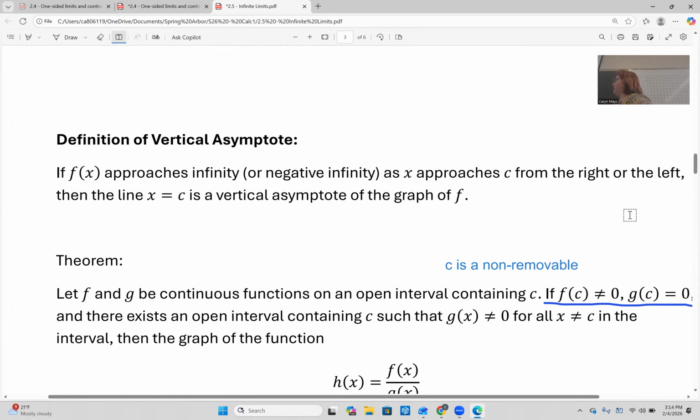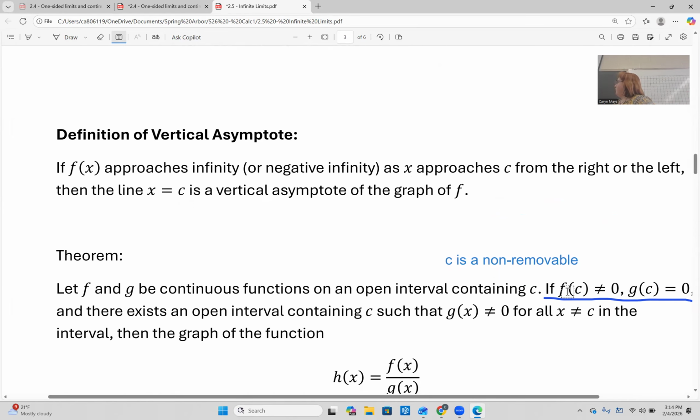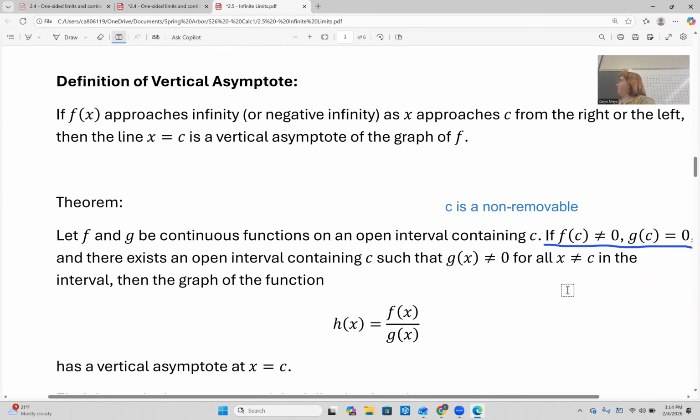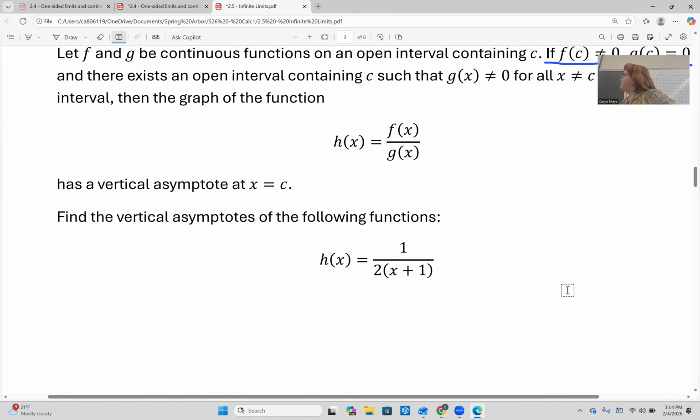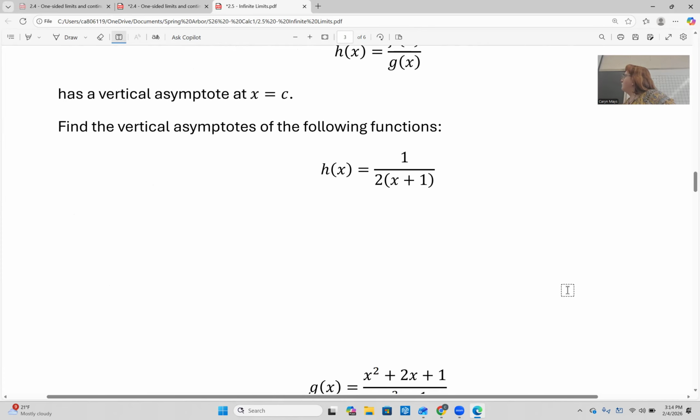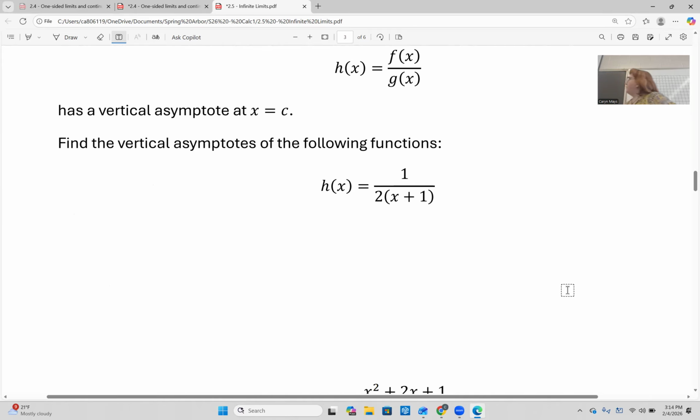And in that case, we then have a vertical asymptote at c, whether it goes to positive or negative infinity, which we can then determine with our limits. So we have an example here. h of x is 1 over 2 times x plus 1. Where is there a vertical asymptote?